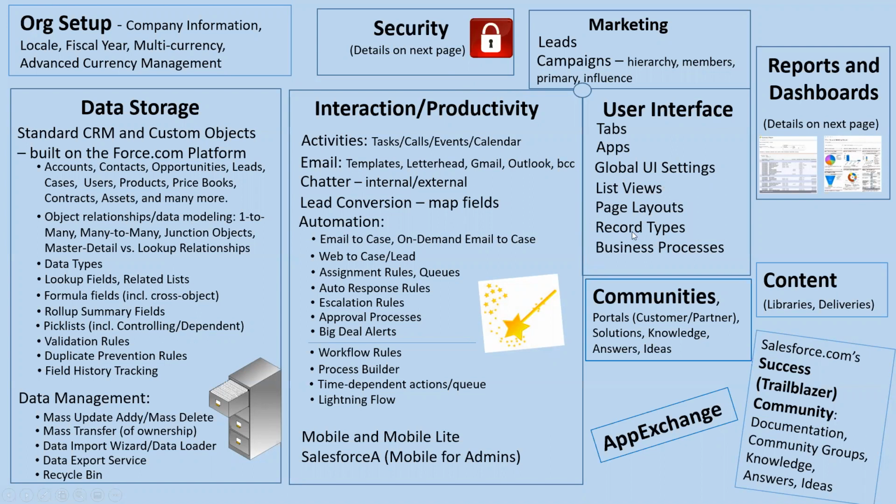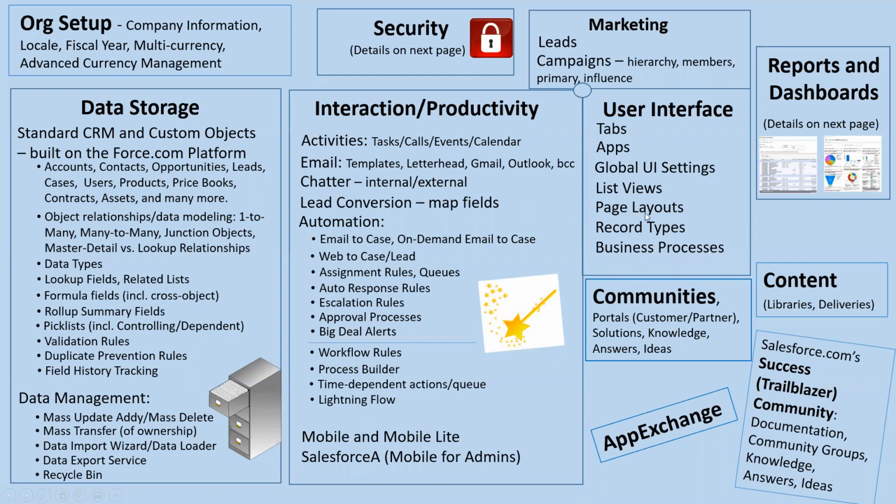Oftentimes we have very different kinds of records within one object. For example, in opportunities, you might have sales of products versus sales of service, and those could maybe have a completely different business process. Business process is a series of stages that the opportunity goes through.